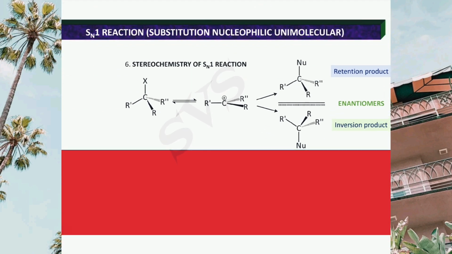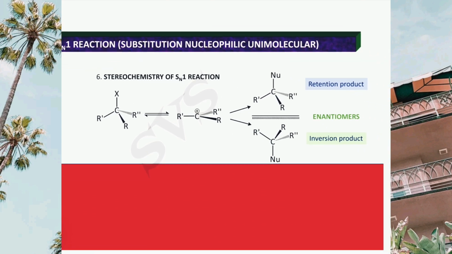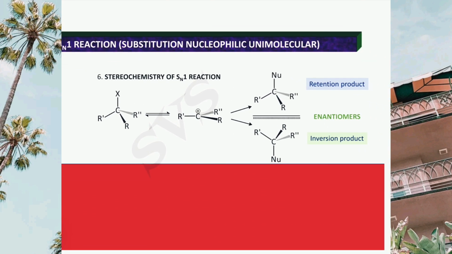Let us discuss the stereochemistry, which is very, very important. We are taking a tertiary alkyl halide. If you take this carbon, it is a chiral center. A tetrahedral atom attached with 4 different groups we are calling a chiral center. If a chiral center is there, as already discussed, we get carbocation in the first step.